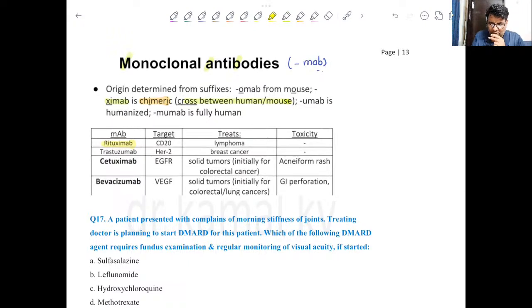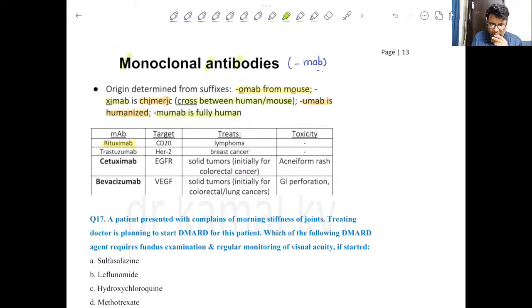Suppose if you have a drug which is ending with omab, then it means it is derived from mouse. If the drug is ending with zumab, then it is humanized, and if it is umab, you can say it is fully human.